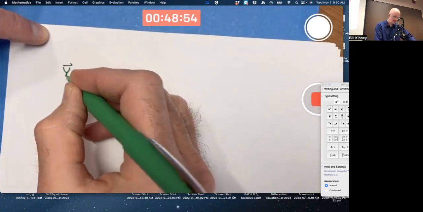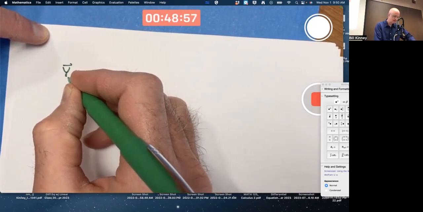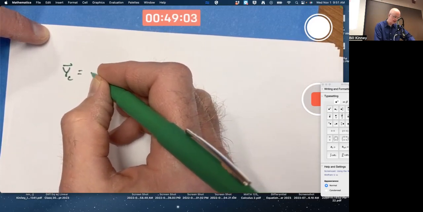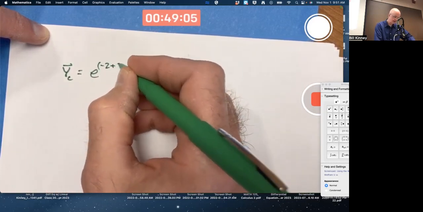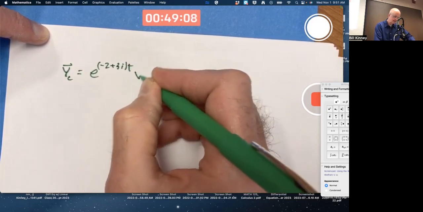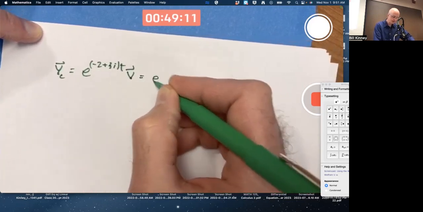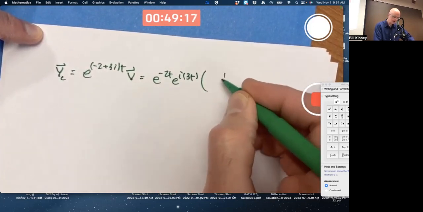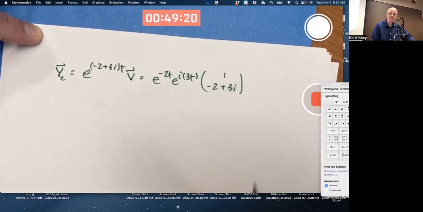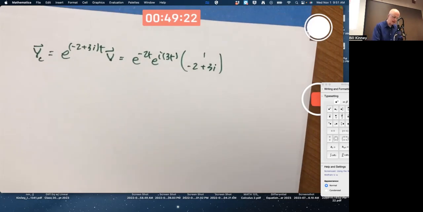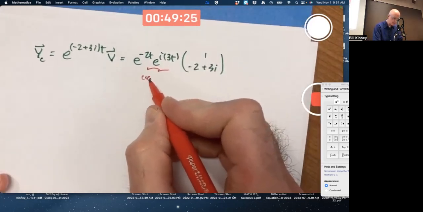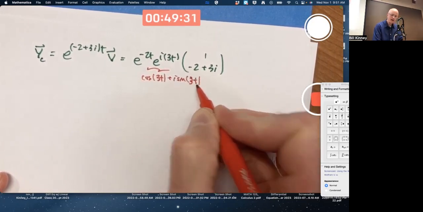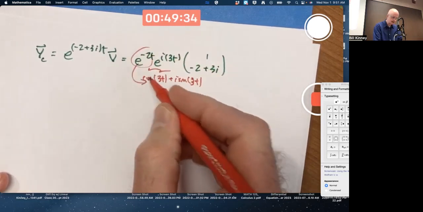So y sub c, for complex if you like, equals e to the negative 2 plus 3i times t times the eigenvector v, and the eigenvector v was this complex eigenvector, 1, negative 2 plus 3i. Use Euler's identity again here. Distribute this through the parentheses there and there.